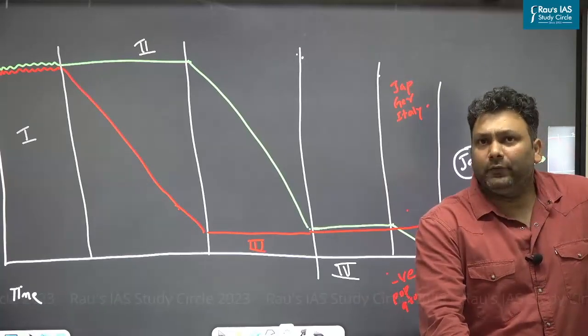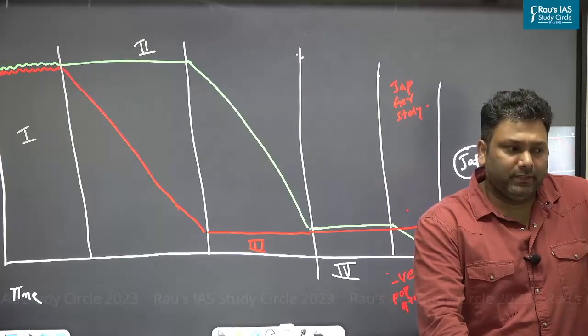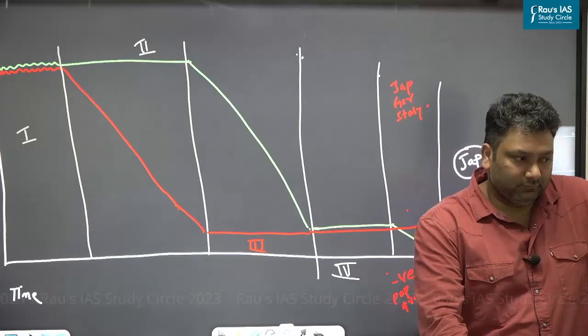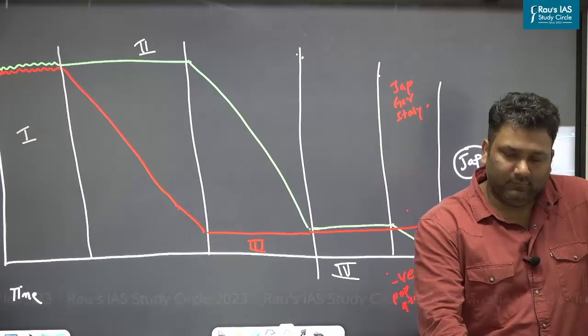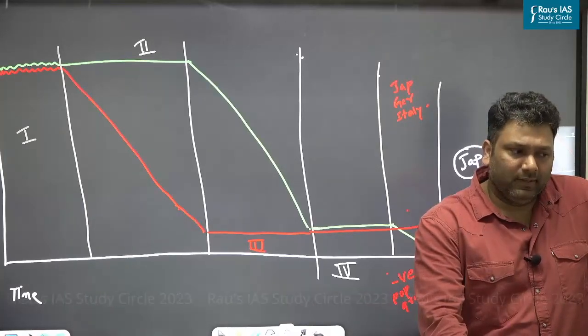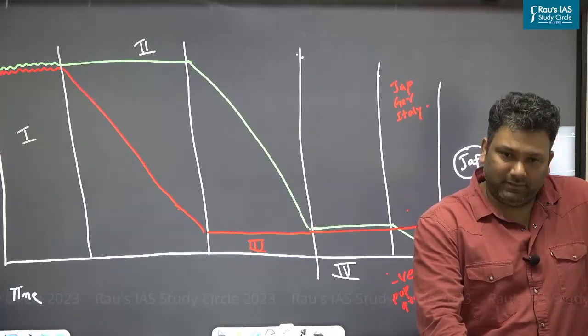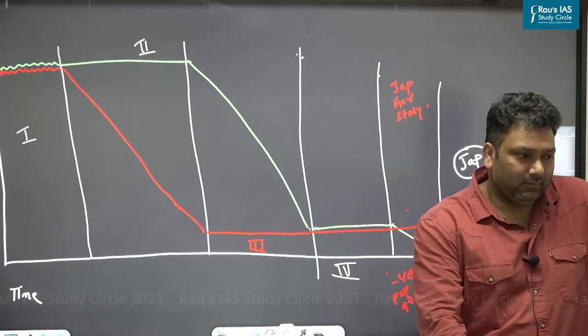And it terminates into a stage of low birth rate and low death rate, which is a natural linear transition.